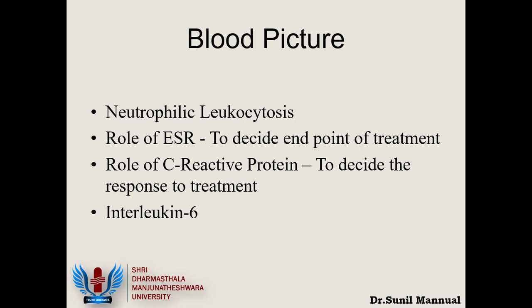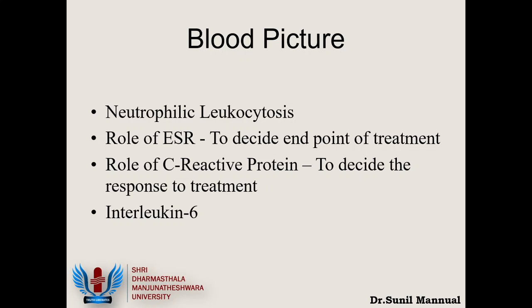So what does it mean? It means the early response and the early fall will be seen in C-reactive protein. So C-reactive protein is used to guide the treatment protocol, because it's the early riser. If we wait for ESR to rise, it may take much longer. However, ESR also has its own importance.